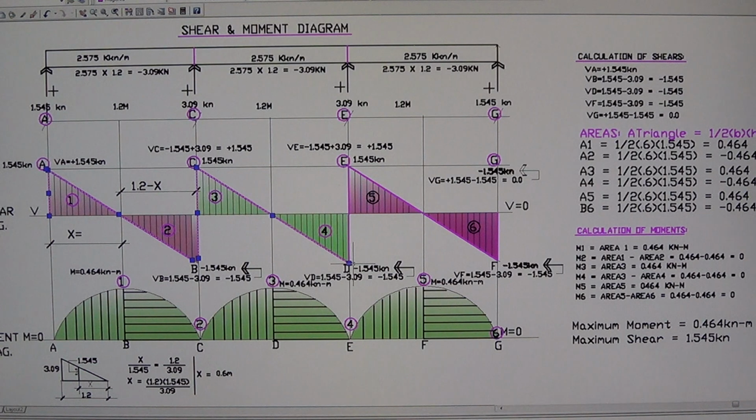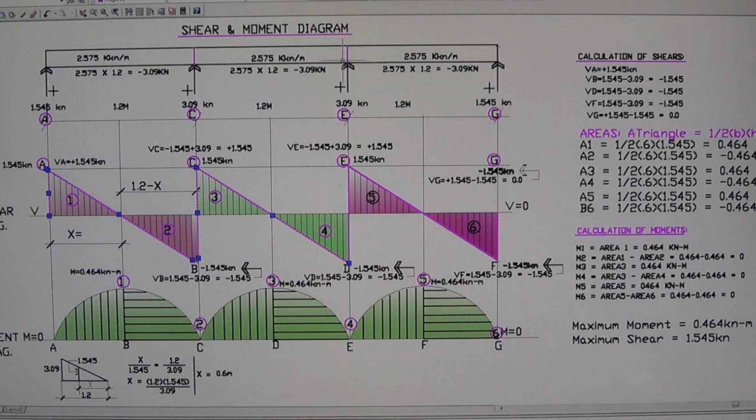The D. So D now is minus, okay, so negative 1.545 plus the positive, it's going upward, 3.09. Greater number is 3, so we get positive right here. We take the difference because it's an unlike sign. So we got positive 1.545 kilonewton. So that is the shear at E.